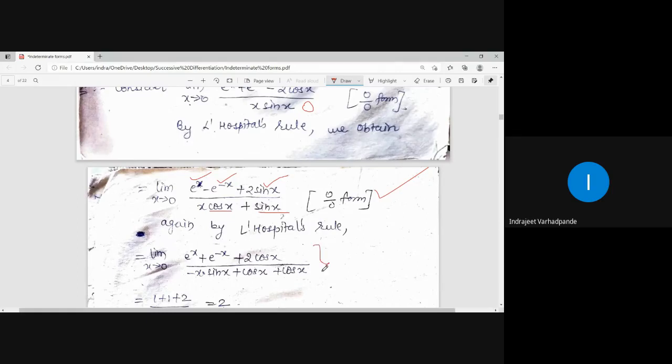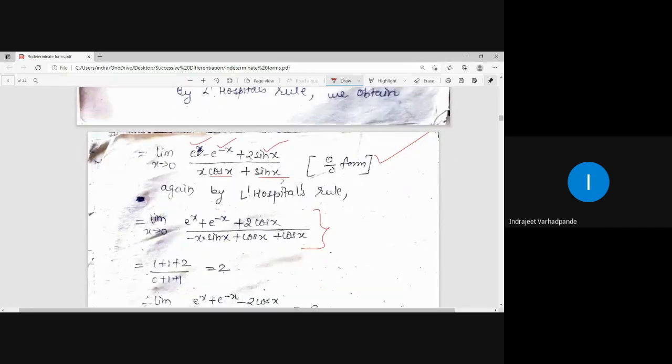And then finally here we stop the process as the denominator is non-zero. So e to the power x minus e to the power minus x plus 2 sin x upon x cos x plus sin x. If you put the limit, still you are getting 0 by 0. Take the derivative. Derivative of e to the power x is e to the power x. This becomes plus e to the power minus x.